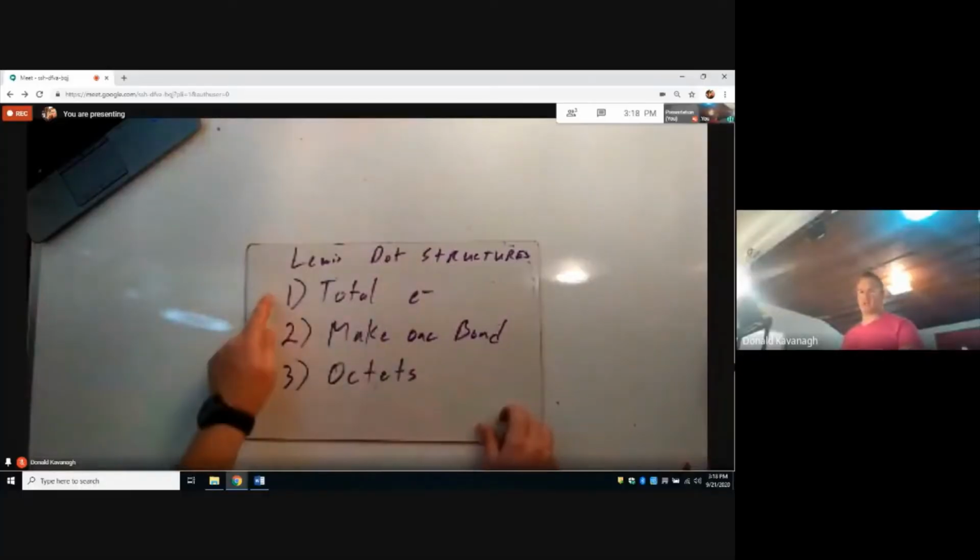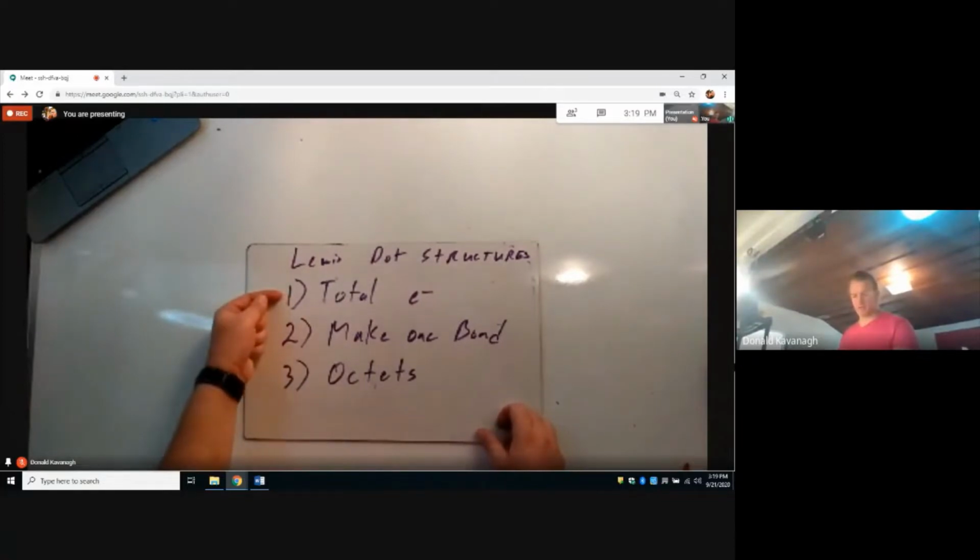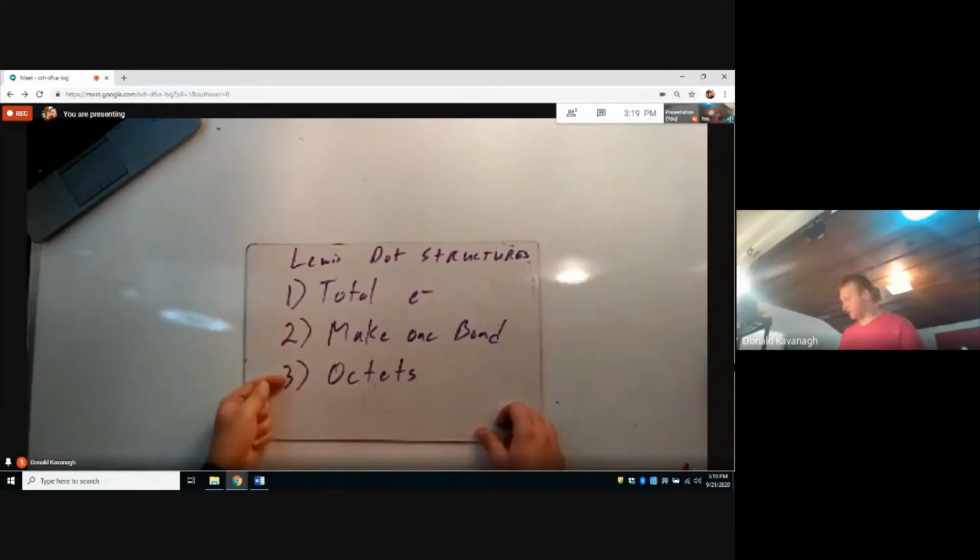For the Lewis dot structure of a covalent compound, 3 simple steps are to be followed. We need the total electron count, the total valence electron count from the periodic table. We need to make one bond with each atom, and we need to check octets.